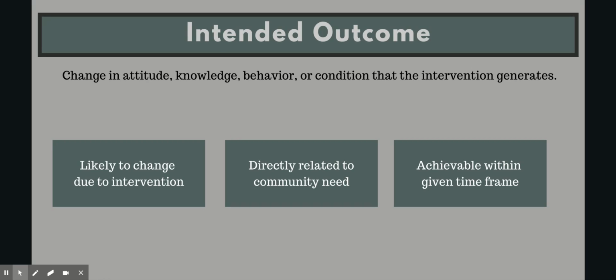And for any outcome, there are some indicators that we are looking for. We're looking to see that the outcome is likely to change due to the intervention, that it's directly related to the community need, and that it's achievable within the given time frame of your evaluation.